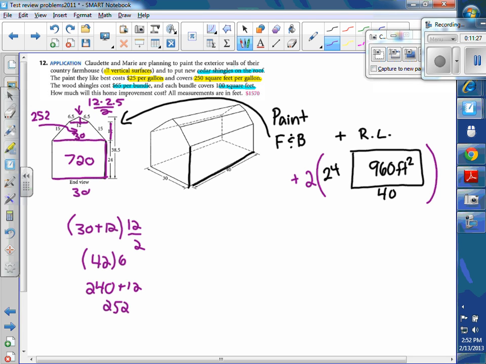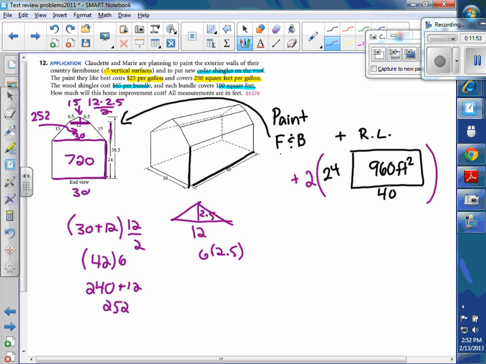You have this triangle here. This is 12, this is 2.5. But I'm only doing one face, just because there are so many. Half the base is 6 times 2.5, so 15 square units.